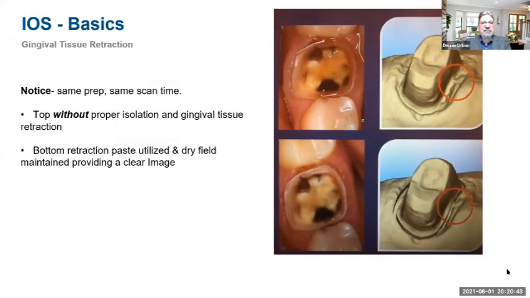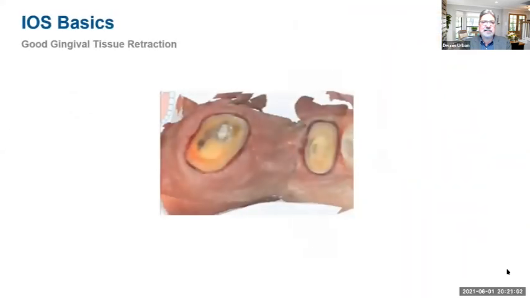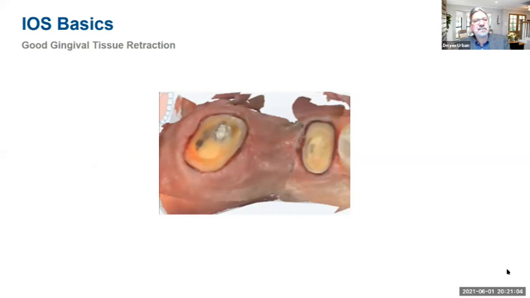We talked about it earlier, so I'm not going to get too much into the retraction part here, but look at the top, without the proper isolation or retraction, and look at the bottom picture with retraction paste, and what a difference in clarity here. Just make sure, some of the same rules apply in the analog that carry over to the digital side.